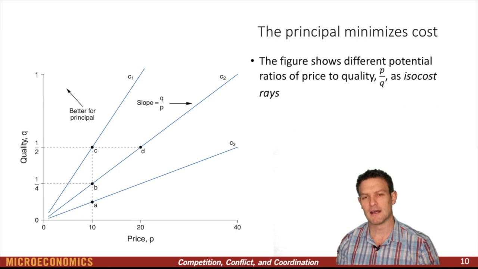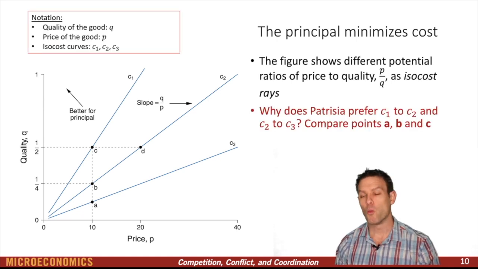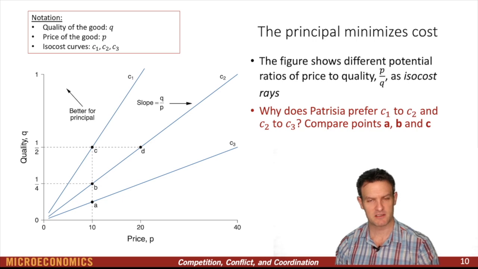But in order to think that through, I want you to answer the following question. Why does Patricia prefer C1 to C2 and C2 to C3? To understand that, compare points A, B, and C. Right? So what do we see here?